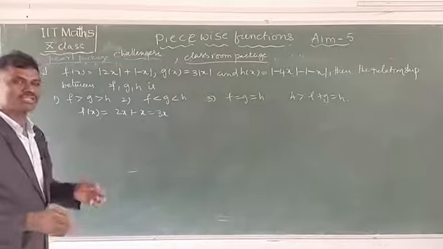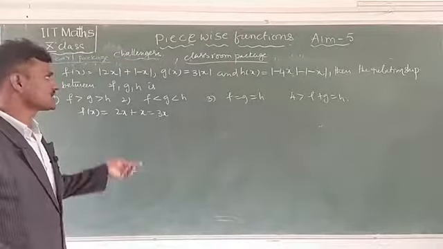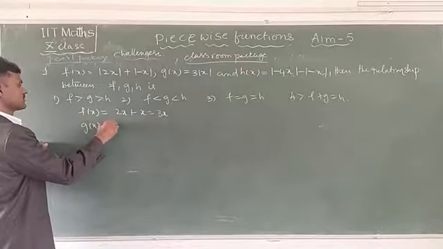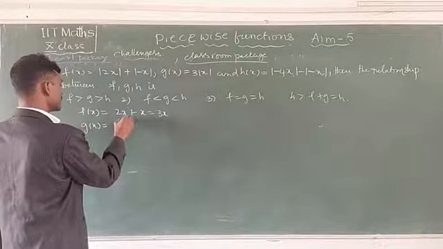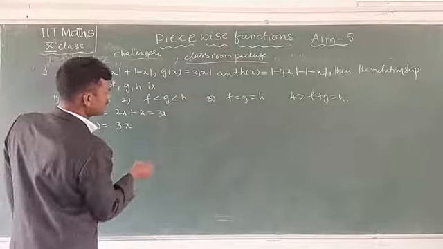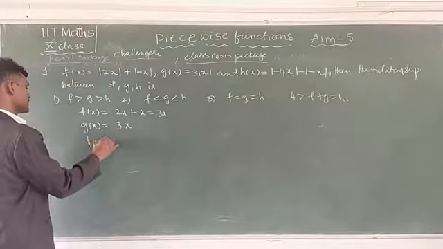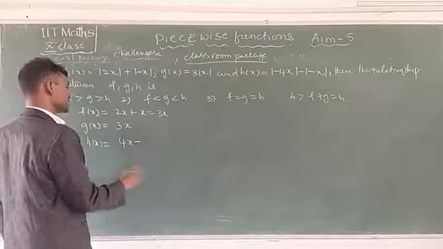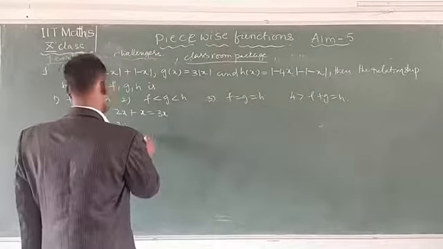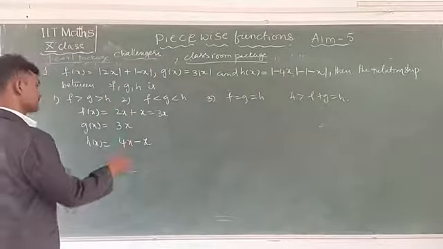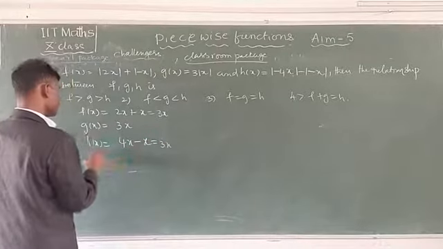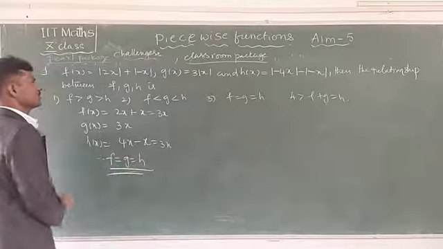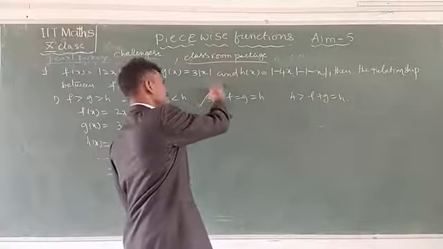Here under modulus also plus. Why? Because this is an absolute function. Now see here, g of x is equal to 3 into modulus of x, means here 3x. Next, h of x: modulus of minus 4x is plus 4x and modulus of minus x is equal to x. Then 4x minus x is equal to 3x. Therefore, f is equal to g is equal to h. Then which one? This is the third one. Note down.